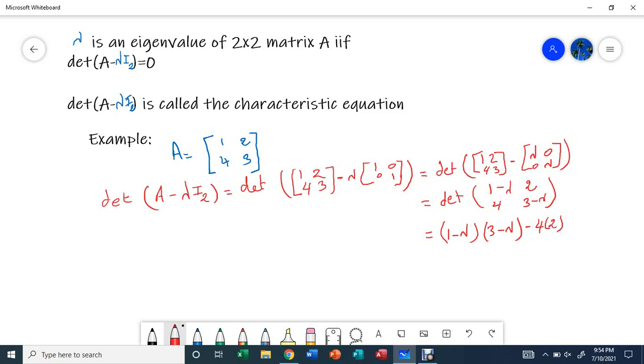So let's solve it. 1 minus lambda times 3 minus lambda minus 8 equals 0.